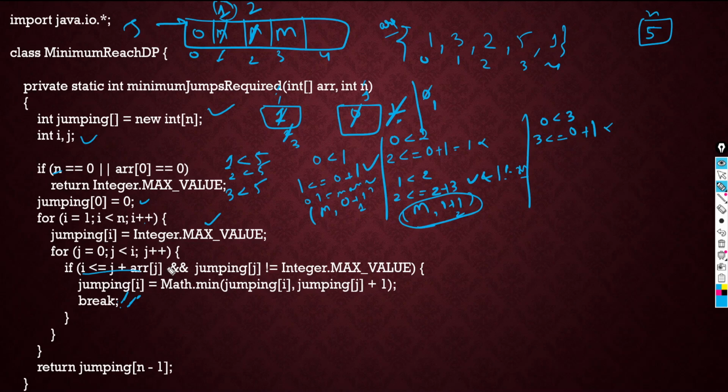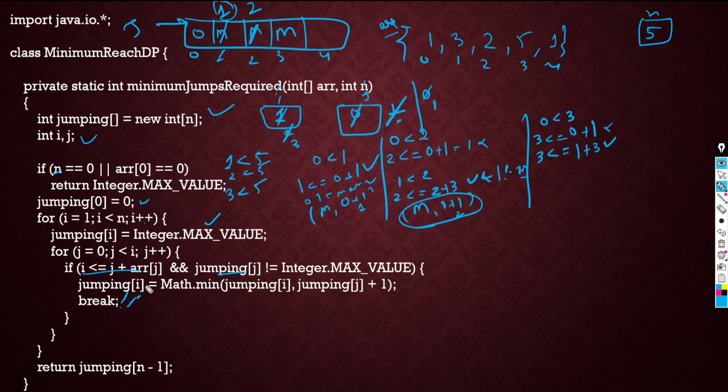If j has increased to 1, then the value of I, 3, is less than or equal to j, which is 1, plus array of j, which is 3, because array of 1 is equal to 3 itself. So now it has passed, and if it has passed, then we need to check jumping of j. J is 1. Is it equal to the maximum value?